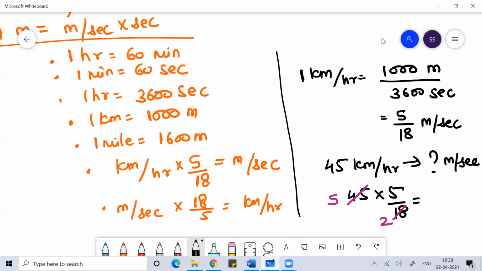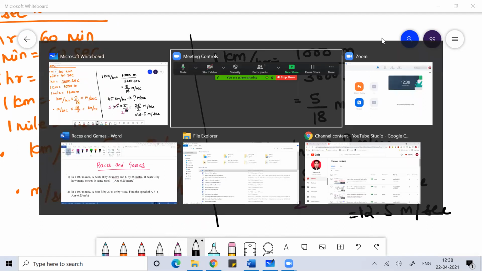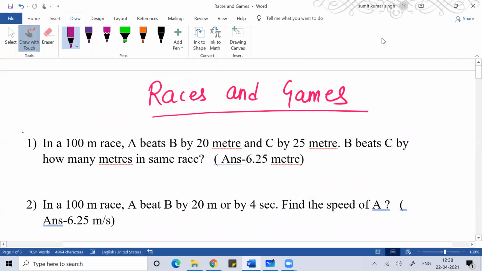So this will give me the value 25 by 2 meter per second, and then this will be equal to 12.5 meter per second. This way you can remember the formula that distance is equal to speed into time. And now based on this, we're going to solve the problem on the race and games.